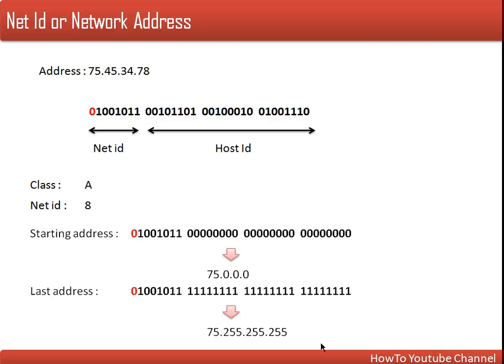What you need to remember, first, is how many bits are reserved for network ID: in class A 8 bits, class B 16 bits, class C 24 bits. Next, to find the first address, take the network bits as it is and fill the remaining with 0. This will be the starting address, and for the last address, fill the remaining bits with 1.